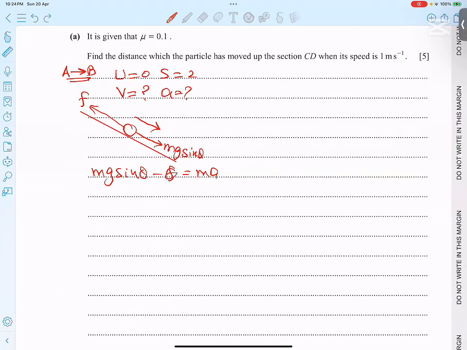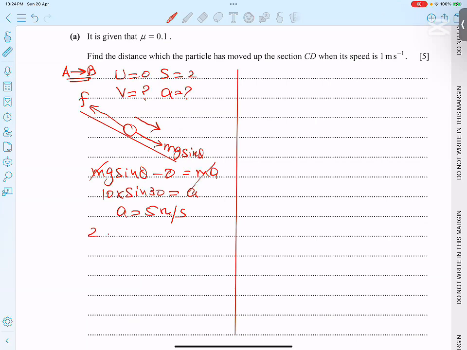So I will write 0 here. And mass cancels. This is 10 and sine 30. Sine 30 is a half. And I got acceleration 5 meter per second square. So the particle is coming downwards with acceleration 5. Acceleration, I got it.